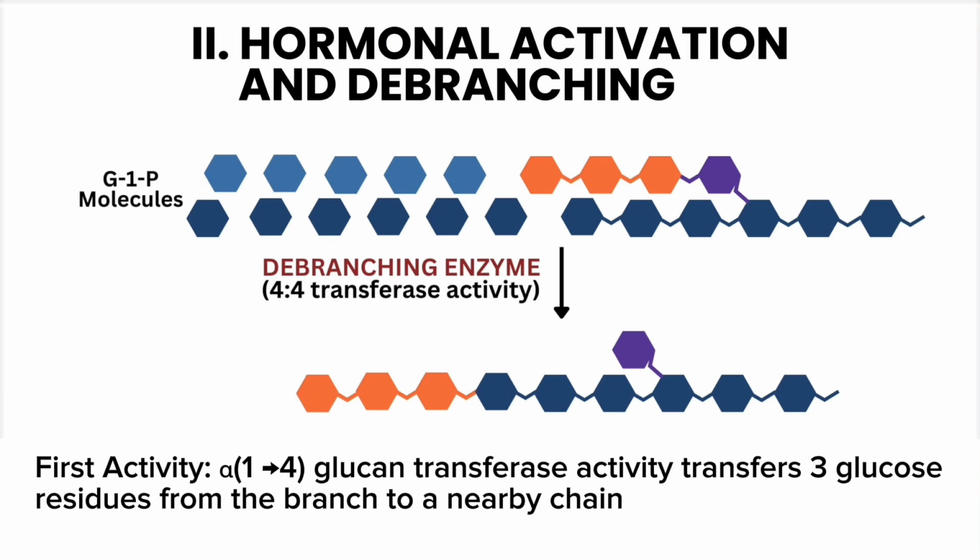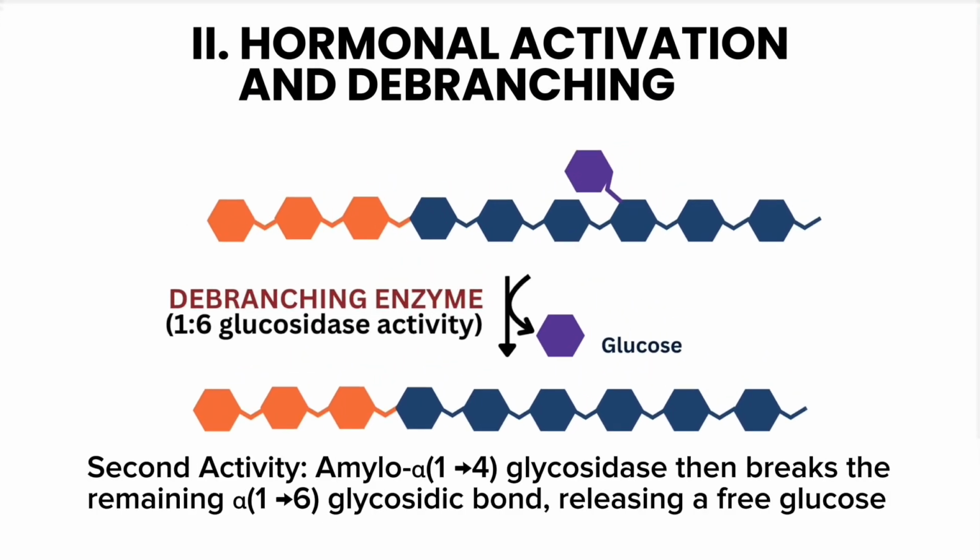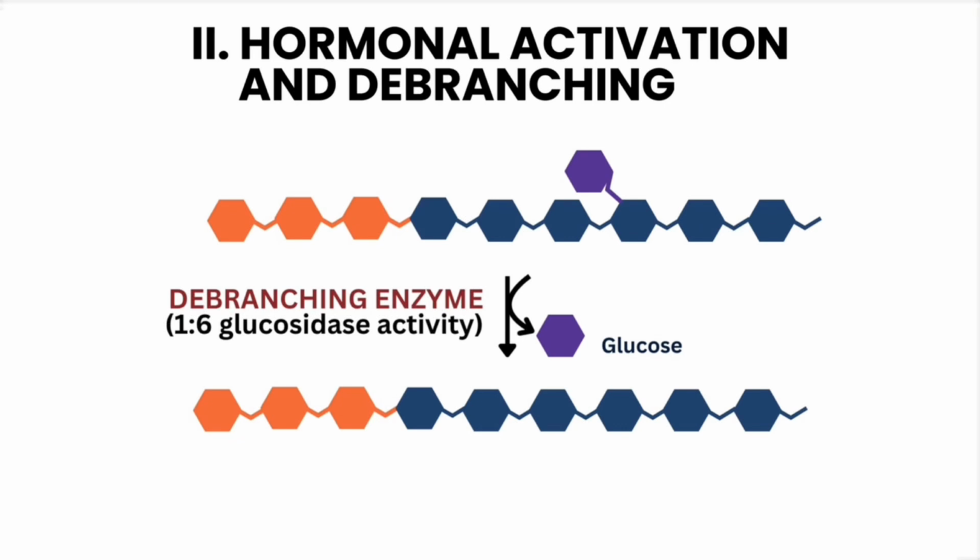The second activity is that amylo alpha-1,6 glucosidase breaks the remaining alpha-1,6 glycosidic bond, releasing a free glucose molecule, or the purple hexagon. So this debranching allows glycogen phosphorylase to continue breaking down the newly linearized chain.